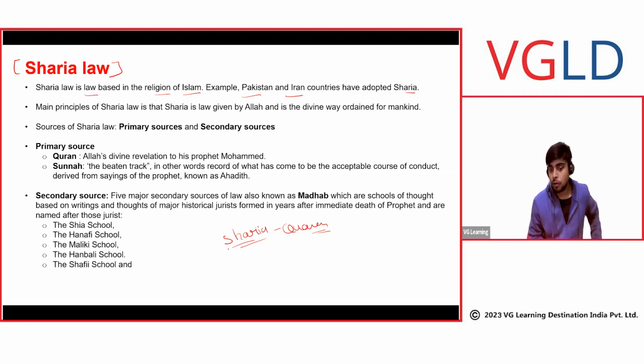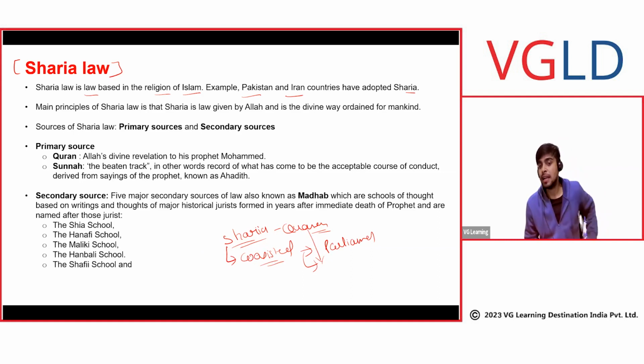Some have coexisted with it, where they have a parliament as well as law based on the Quran. So these are two systems that come together. Depending on the country, they either adopt Sharia or coexist with it.